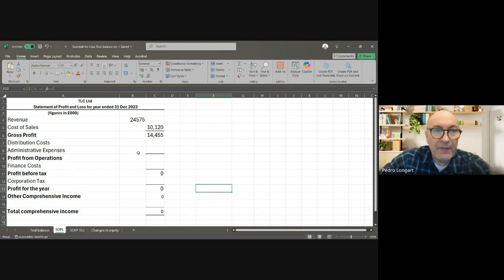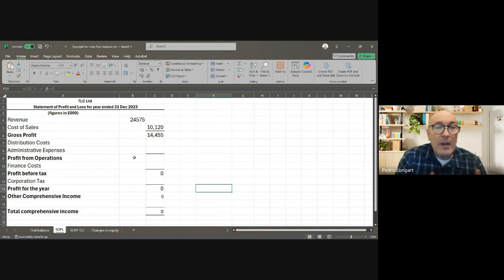Okay, let's have a look at what comes after the gross profit. Remember, the gross profit is only what goes inside the product, okay? But there are other expenses, okay? I'm not going to talk in much detail about these expenses called distribution costs and administrative expenses, but very briefly. Distribution costs are the cost of selling, basically.